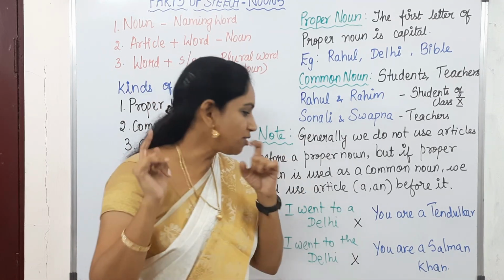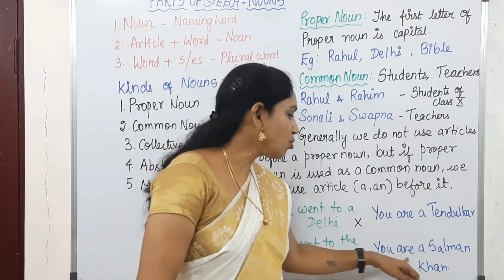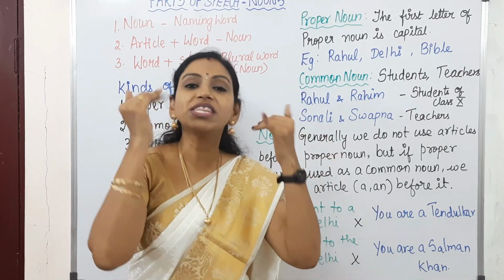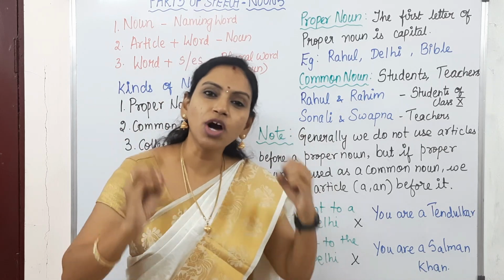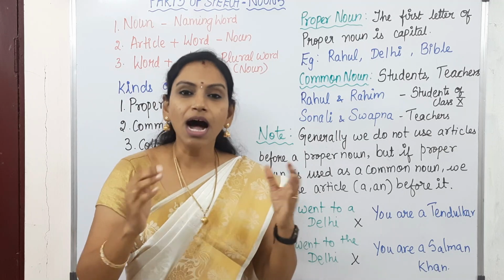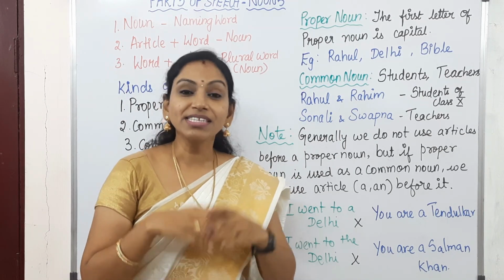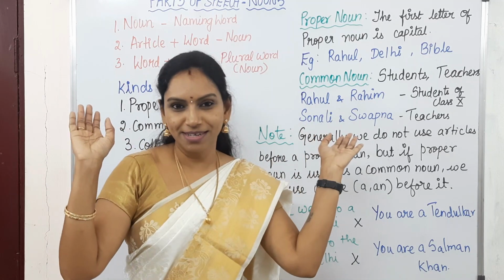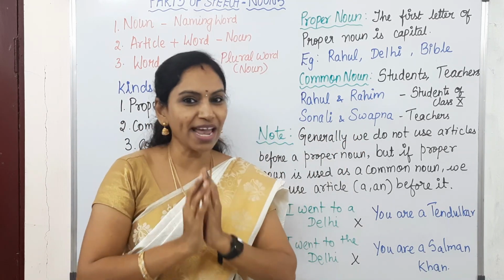Hope you all understood. One more example: you are a Salman Khan or you are an Amitabh Bachchan. People who are very tall, we will generally say "you are an Amitabh Bachchan." So Amitabh Bachchan is kept common for all tall people. Hope you understood what I am trying to say.